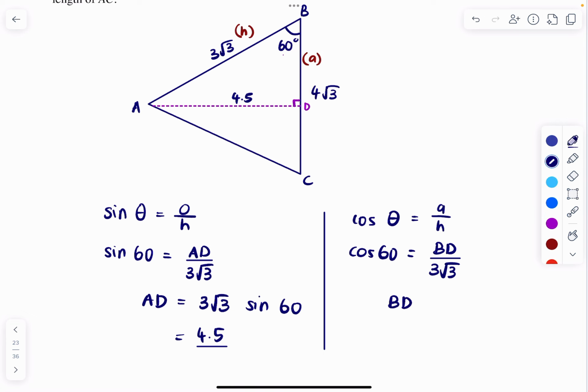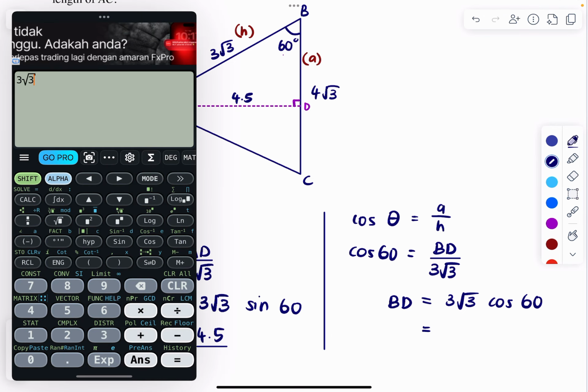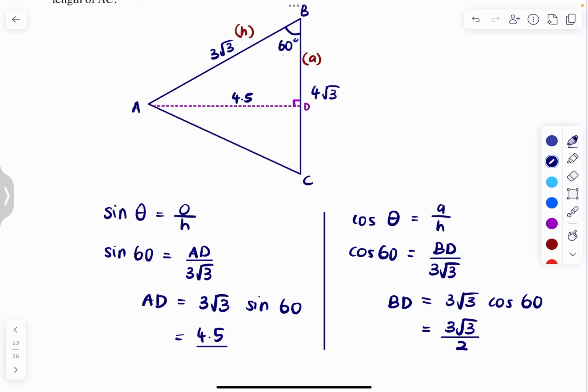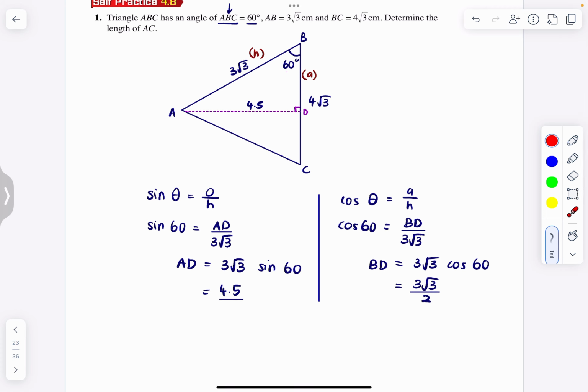So BD will be 3√3 cos 60. We get 3√3 over 2. Keep it in surd form because they want the exact values. This is a surd topic anyway. So adjacent is now 3√3 over 2.